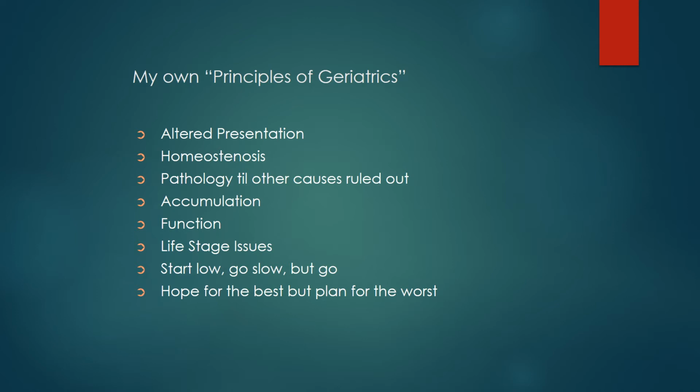Again, we now know based on JNC 8 and some other recommendations that we might not want to be quite as aggressive with blood pressure control, related to falls and other side effects. We're definitely going to hope for the best but plan for the worst. We're going to plan for advance directives and those kinds of things, but either way.